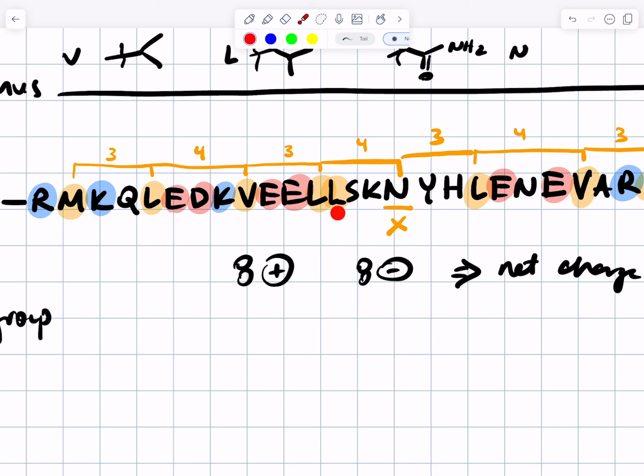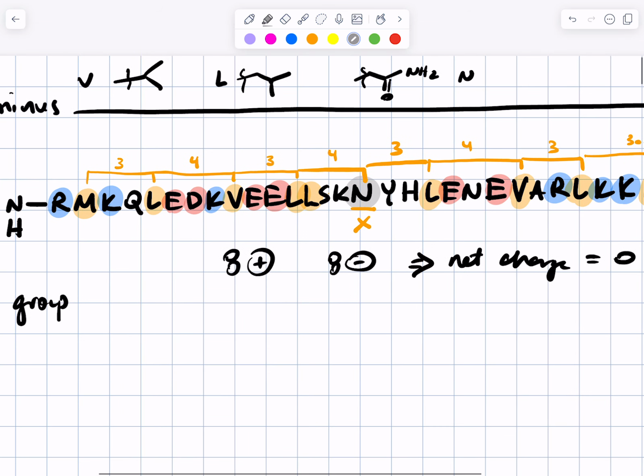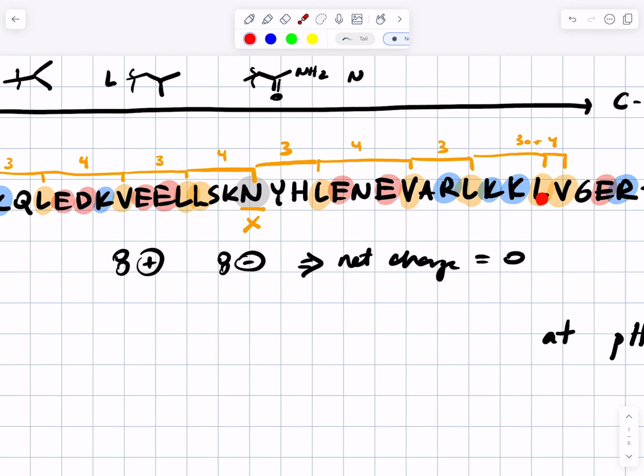As I said, the pattern is sometimes messy, but if you count from this first L, it's 1, 2, 3, 4, and that's where we get a weird one, we'll color it gray because it sort of breaks the pattern, a neutral but non-polar amino acid. Nevertheless, 3 spaces after that, 1, 2, 3, there's another nonpolar. Then 1, 2, 3, 4, there's a nonpolar. Then 1, 2, 3, and so on, 1, 2, 3, 4.